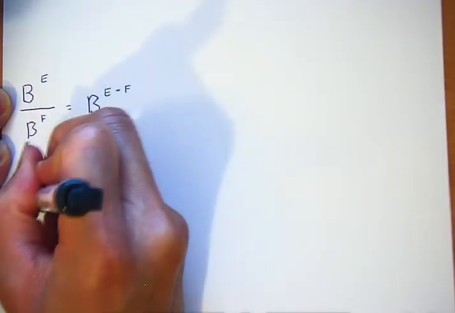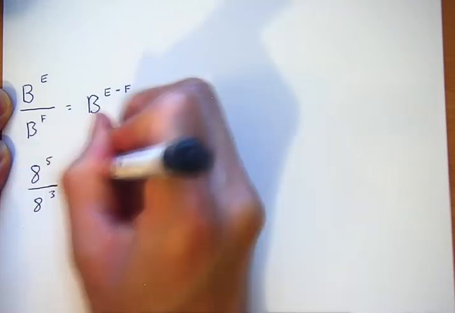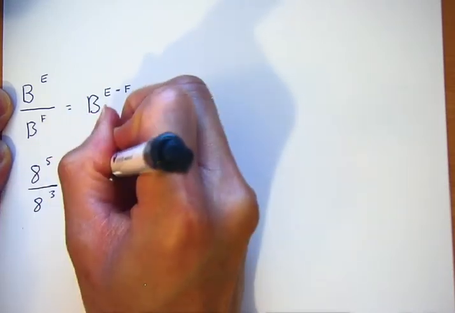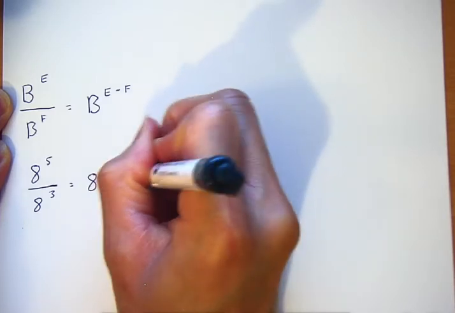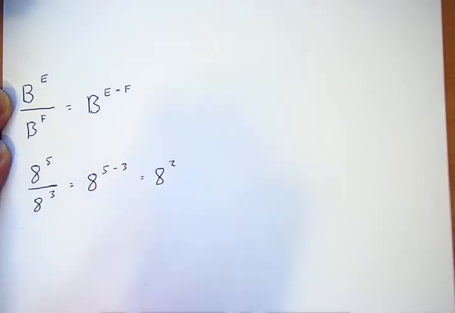So an example of that, if I have 8 to the 5 power divided by 8 to the 3 power, that will equal 8 to the 5 minus 3, or 8 squared.